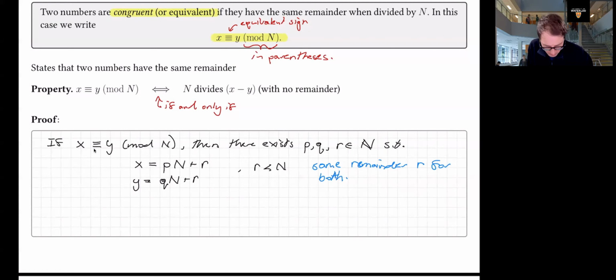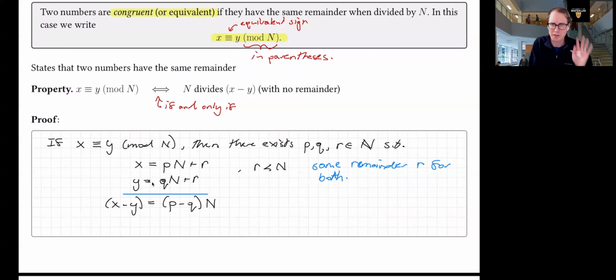So now let's just subtract these two, right? Then on the left-hand side, I get x minus y is equal to p minus q copies of n. And then the r's cancel out. I said divide, but I meant to say subtract the second statement from the first. And then you see that x minus y is just this integer number of copies of n.